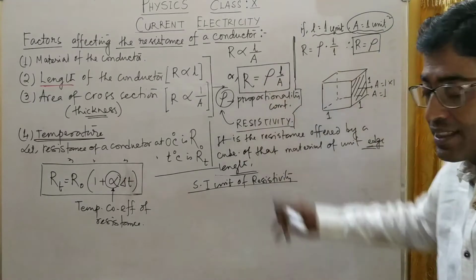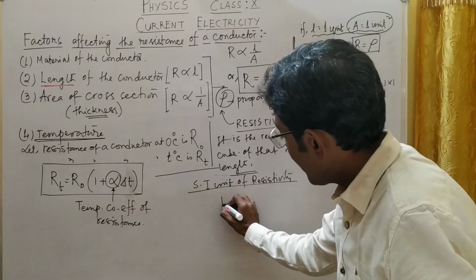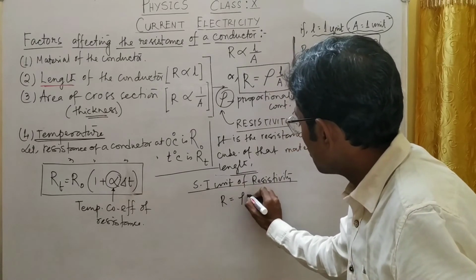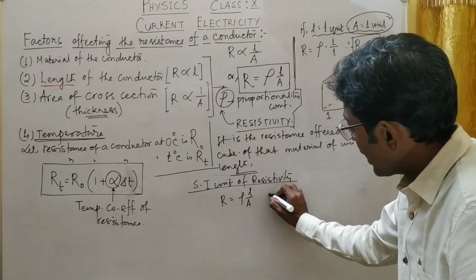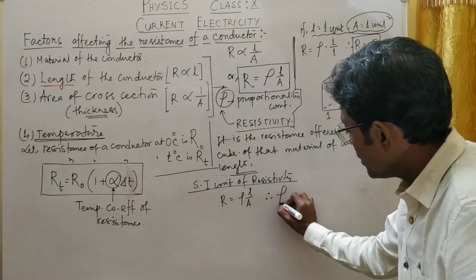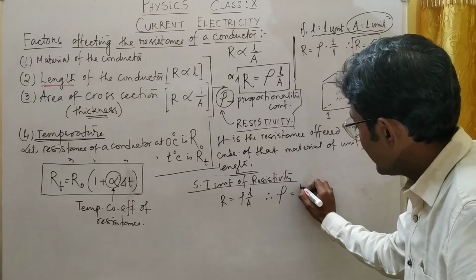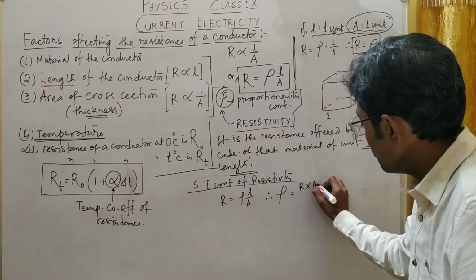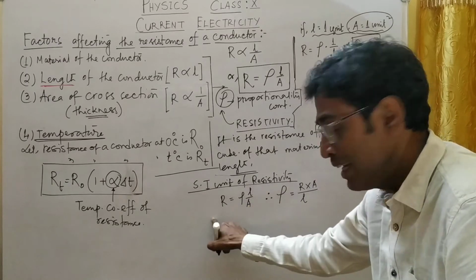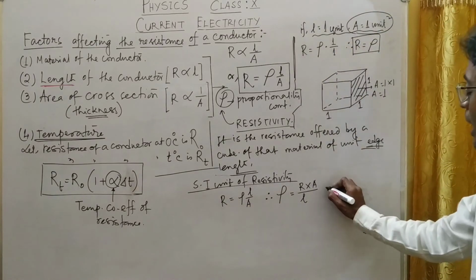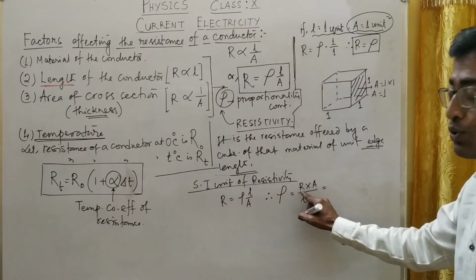We are using this equation: R equals rho L by A. We want to find the SI unit of rho, so I'll write R into A divided by L. This A goes there and this L comes in the denominator. What is the unit of resistance?